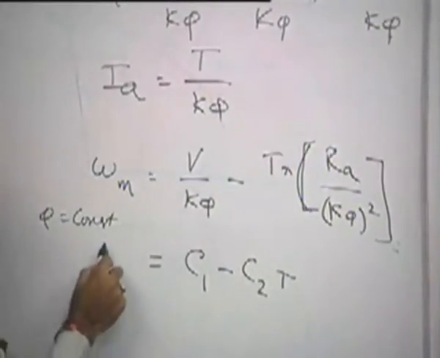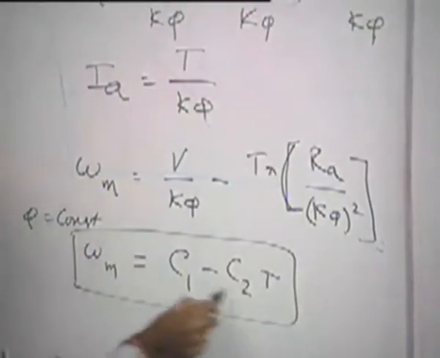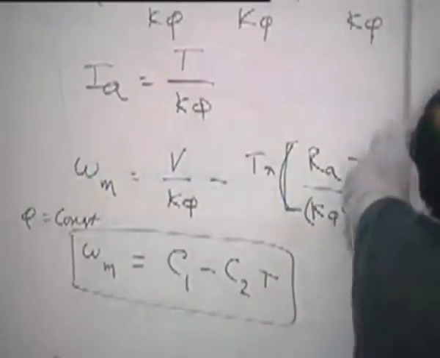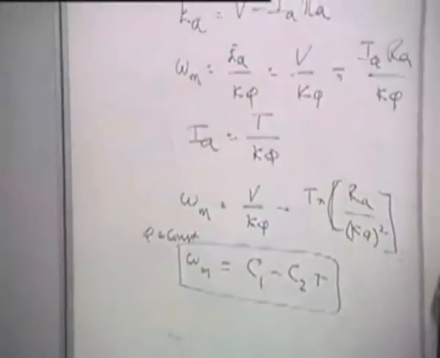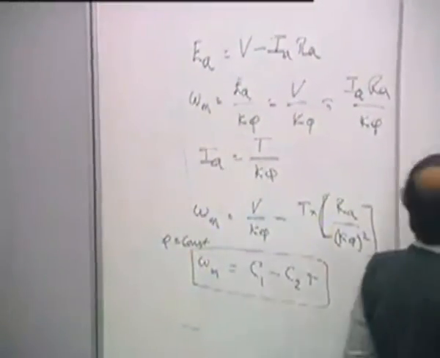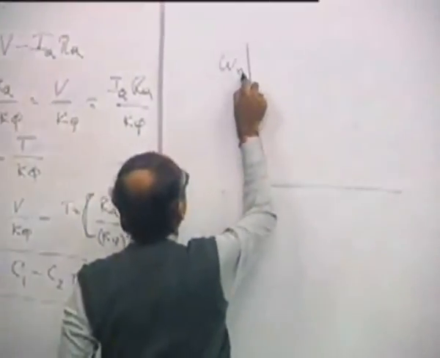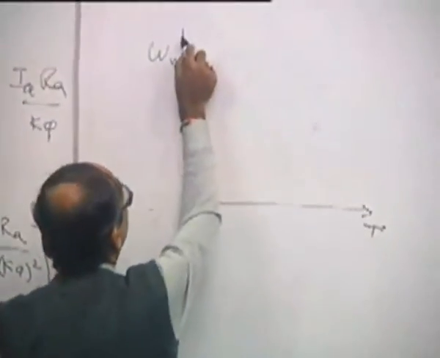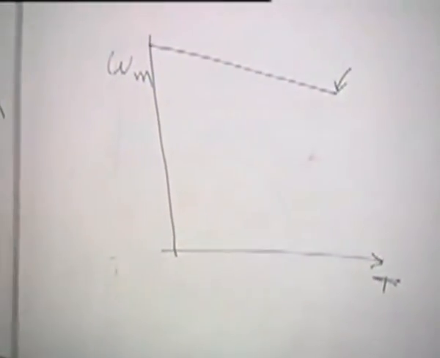Omega m will be some constant C1 minus C2 T. So a shunt machine characteristic of speed versus torque can be written like this. It will go in a linear way at any flux phi.